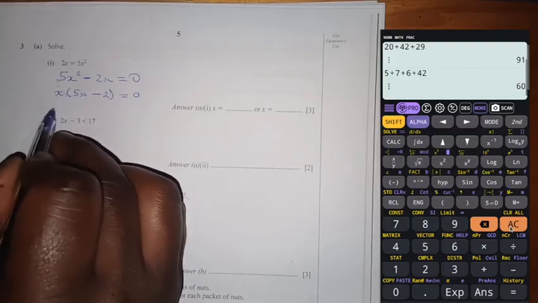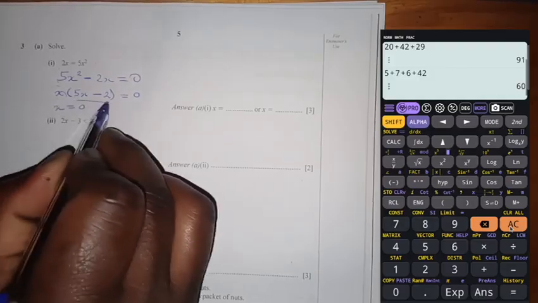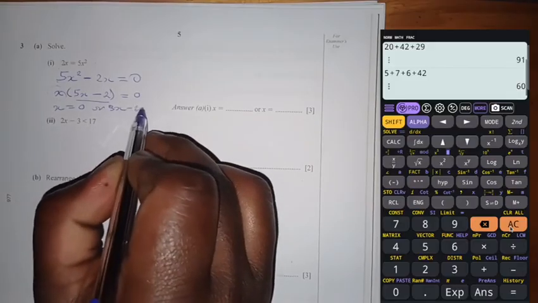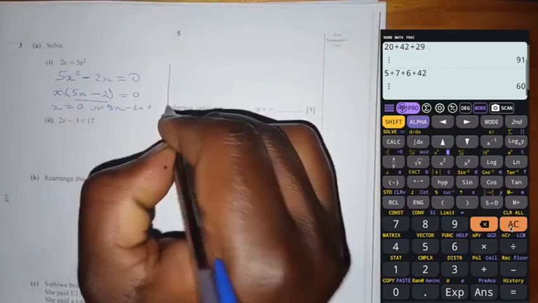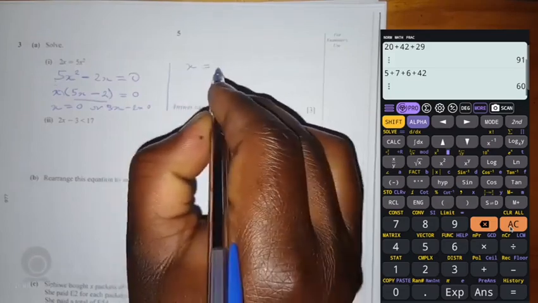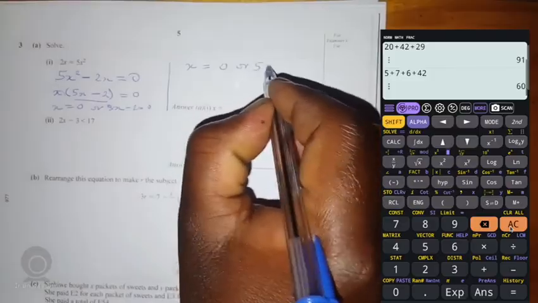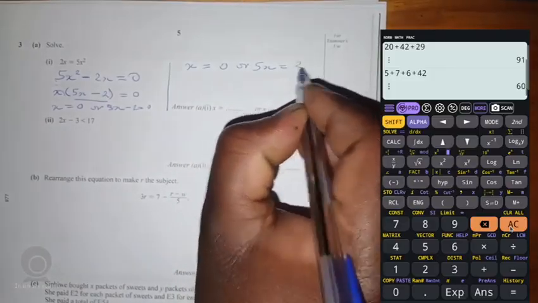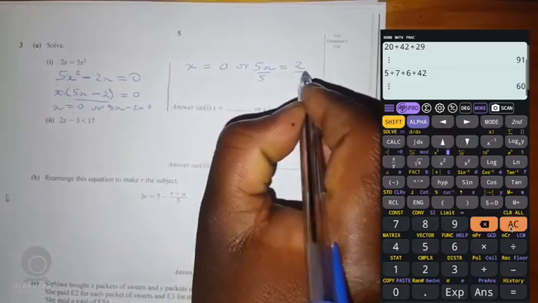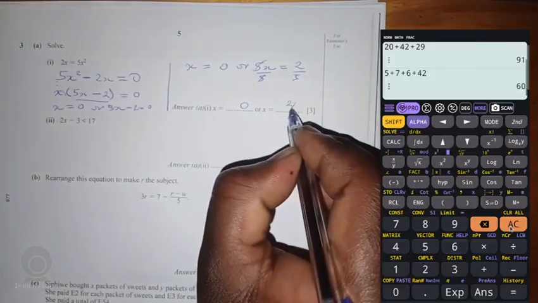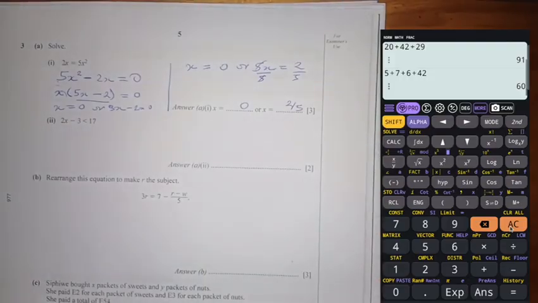This guy equals 0, or this guy, so you have your x equals 0. If you take this 2 to the other side, 5x equals positive 2, over 5 over 5. This one is gone, so your x is 0 or 2 over 5. Take all the 3 marks there.